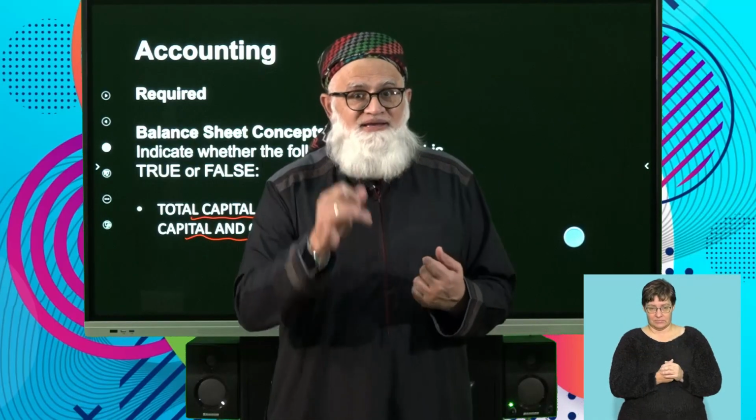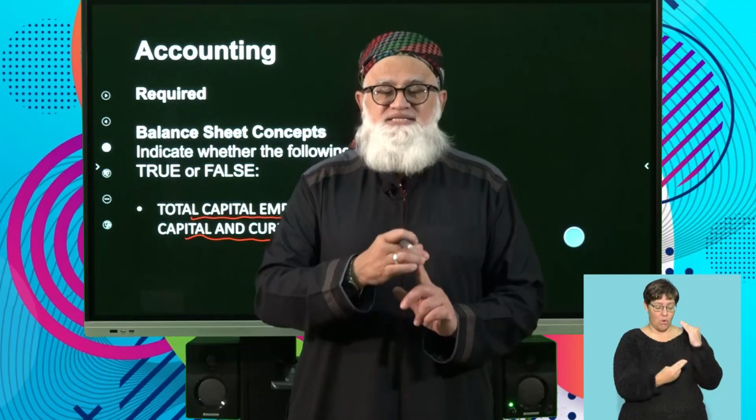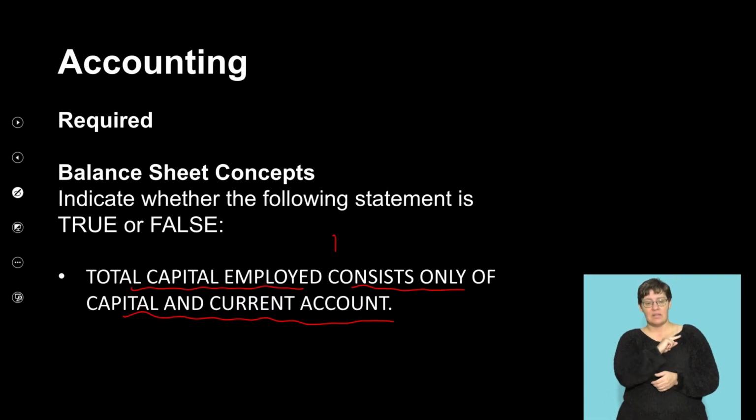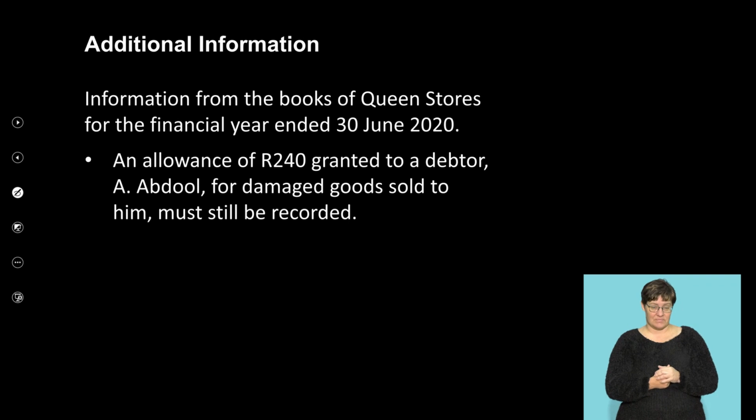So keep that in mind. Capital employed is equity plus non-current liabilities. Therefore, this statement would be false because we know it also includes the non-current liability component of your balance sheet.